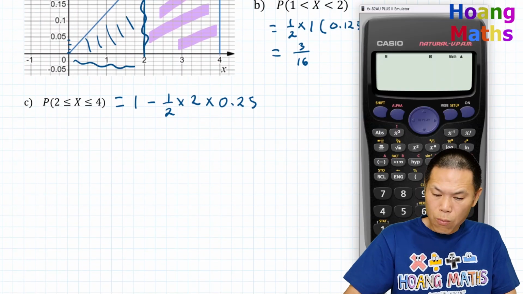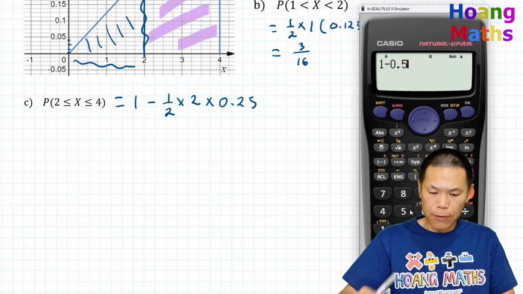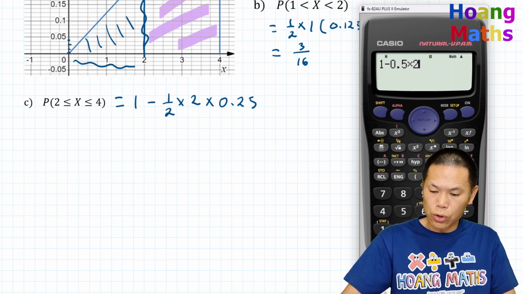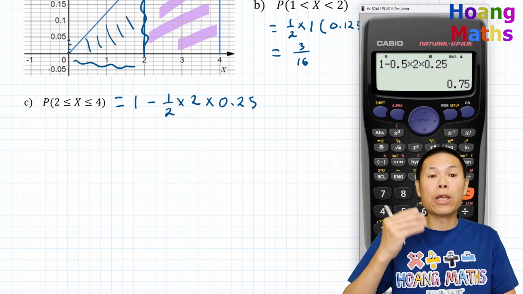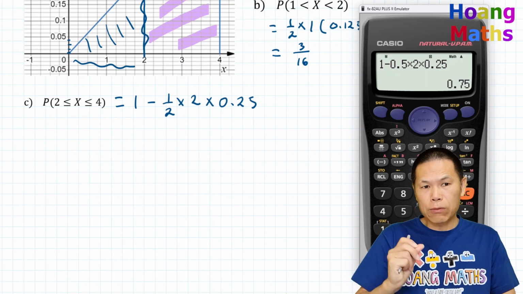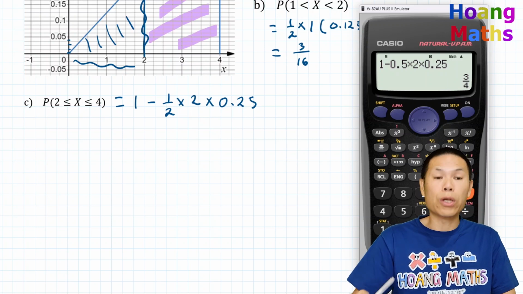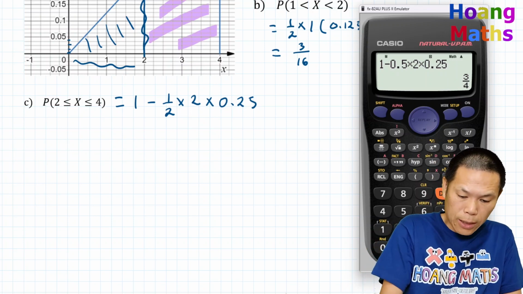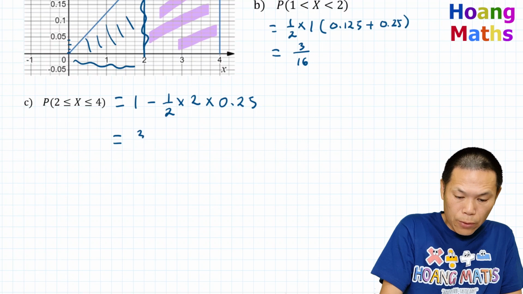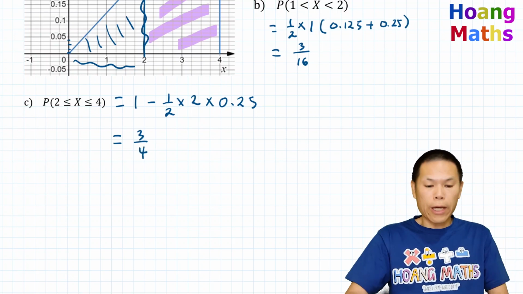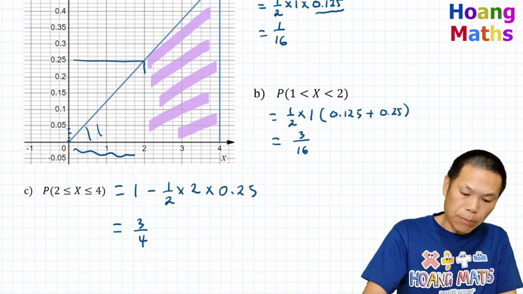So 1 minus 0.5, that is a half times 2 times a quarter, or 0.25. So there you go, 0.75. Or I can just press SD, it gives me 3/4. So the answer is 3/4.